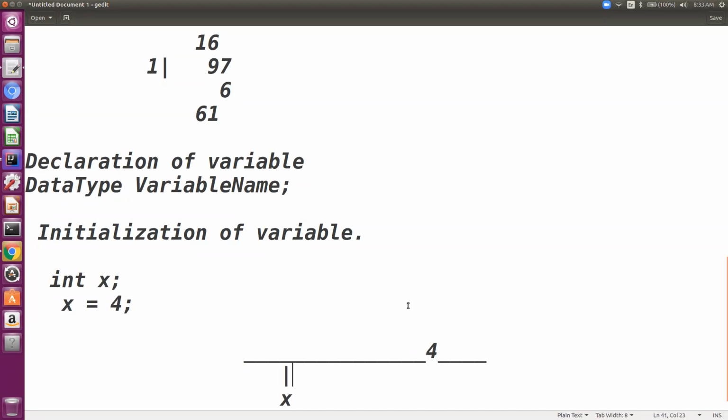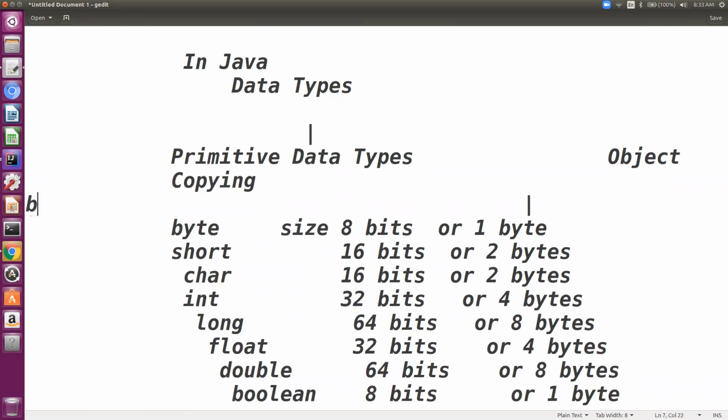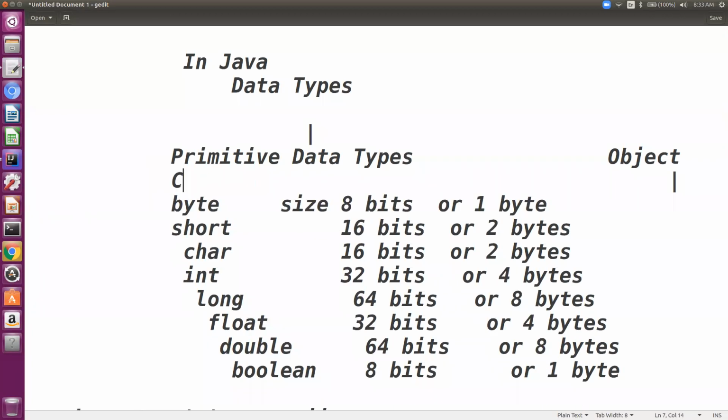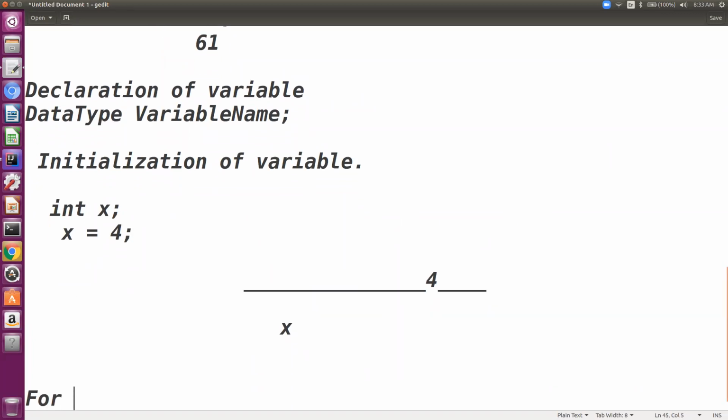Now, in case of primitive data types, the assignment operation always results in copying by value. Copying by value for primitive data types. I will write it, and I will explain to you what it means.